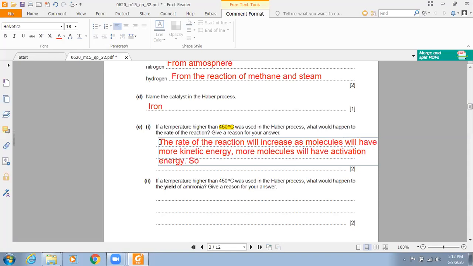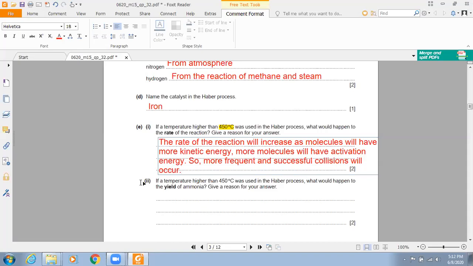So more frequent and successful collisions will occur. Okay, so this is how you can write.